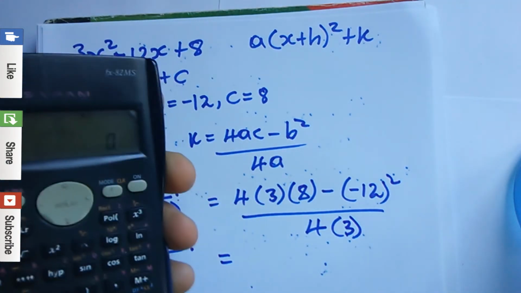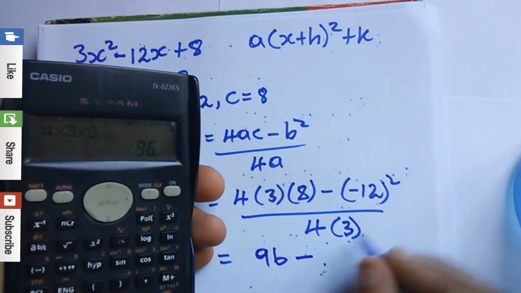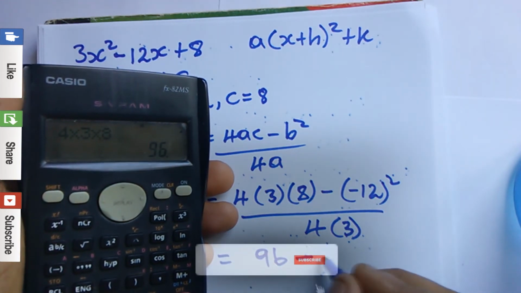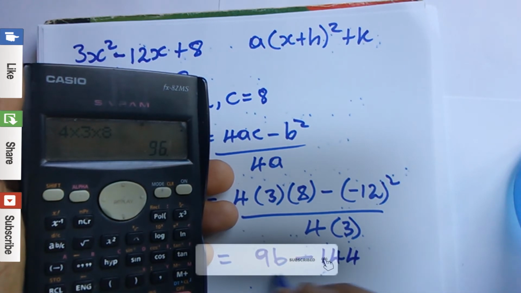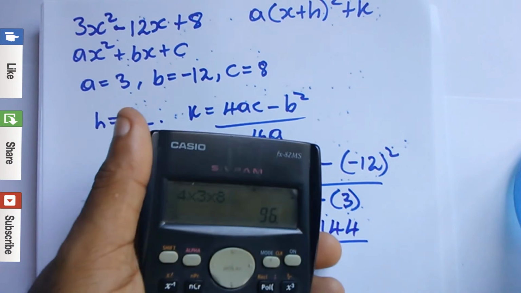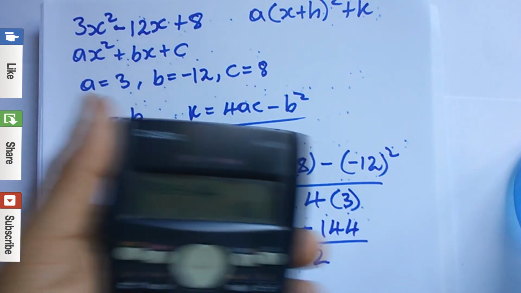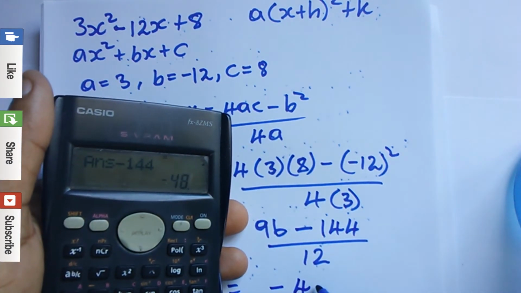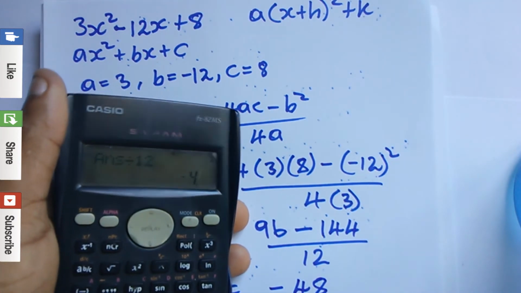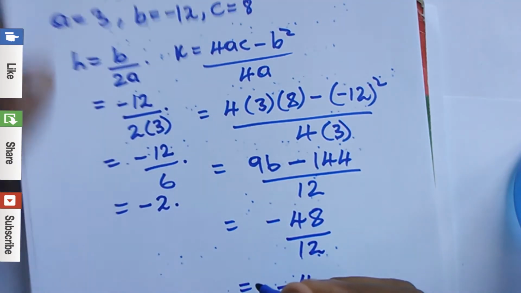So we have 4 times 3 times 8, which will give us 96, minus negative 12 squared, which is 144, divided by 12. Then you can subtract: 96 minus 144 is negative 48, so we have negative 48 divided by 12. You get negative 4, so k is equal to negative 4.